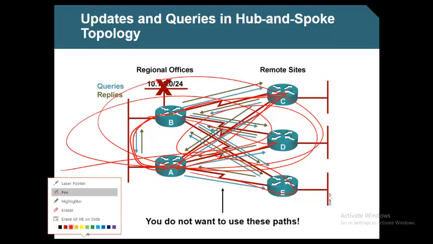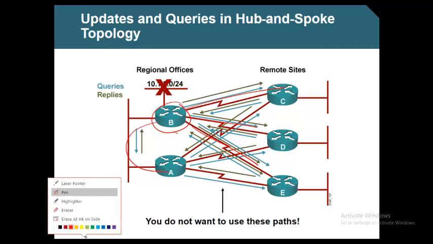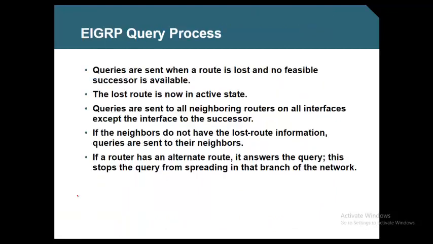Can you see that? Everyone starts querying the same thing. This is what I call hub and spoke. Do you see a hub and spoke here? Is it not a hub and spoke? It is. So queries are sent to all neighboring routers on all interfaces except the interface to the successor.